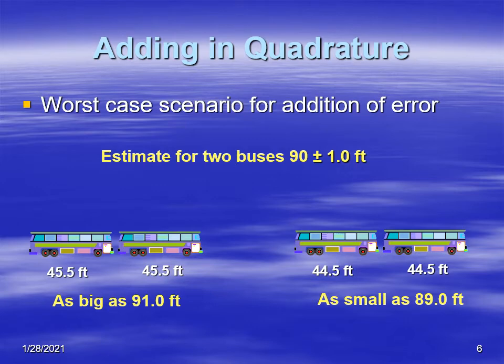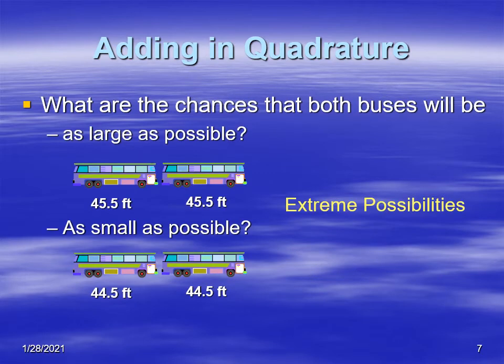So the two buses together could be as large as 91 feet and as small as 89 feet. Now those are the worst possible errors. Those are the extreme possibilities. When you make your measurements, you're not going to be that far off. It's not going to be that bad.